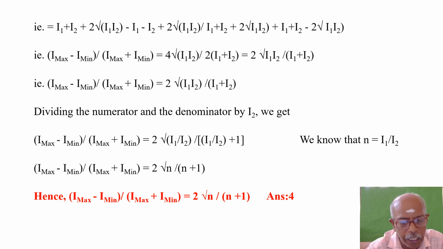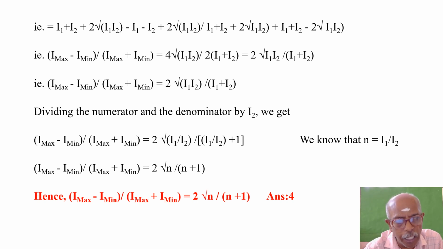Dividing the numerator and the denominator by I2, we get Imax minus Iminimum divided by Imax plus Iminimum equal to 2 into square root of I1 I2, divided by I2. When this I2 goes into the square root, it will become I2 square. So one I2 above and I2 square below gives I1 divided by I2.